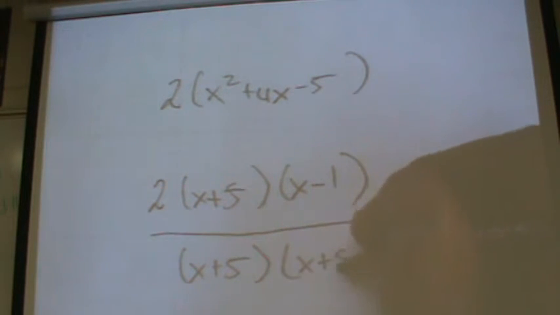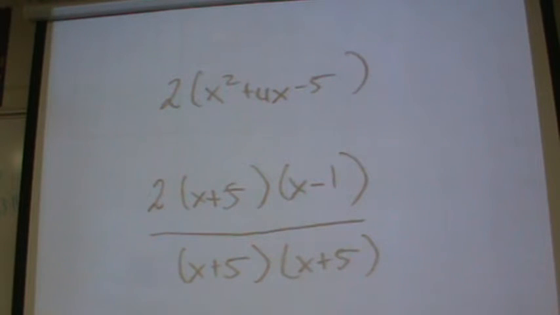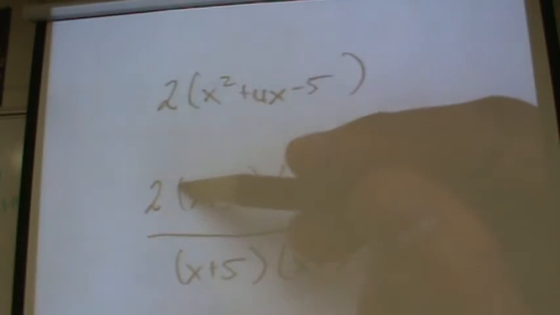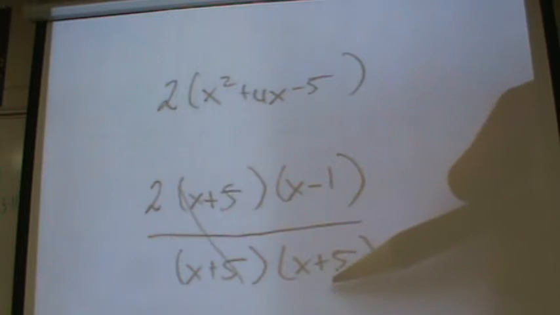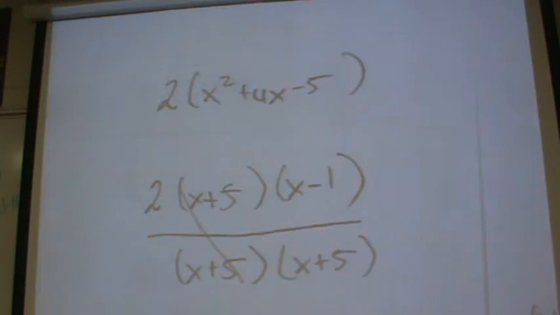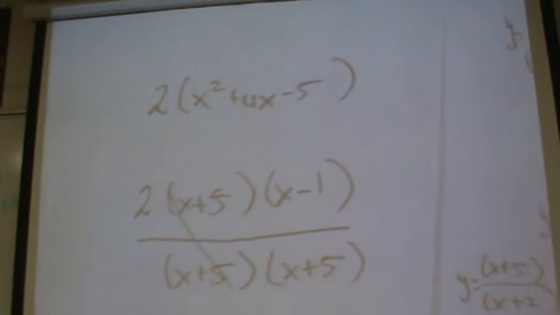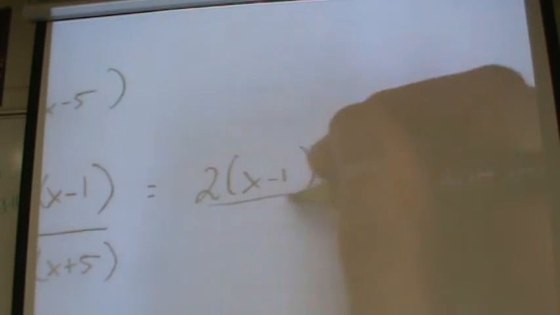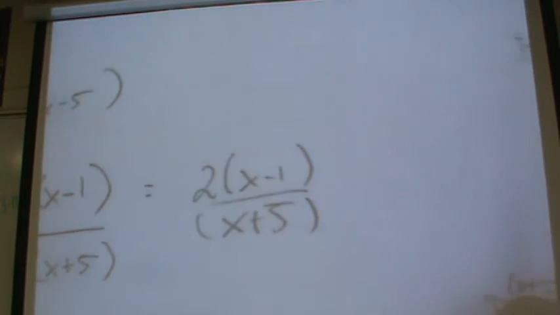No hole. And why is there no hole? Anyone? Because they repeat. There's 3 of them, so if there's an even number, they're going to cancel out. But you're still going to have 1 x plus 5 remaining at the bottom. So if this is your equation now, what's your vertical asymptote?